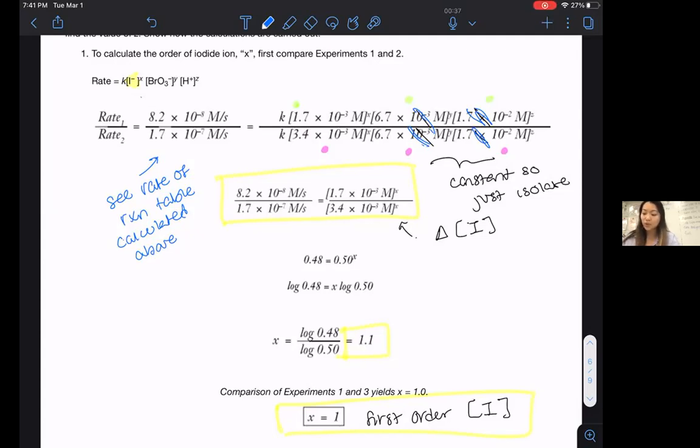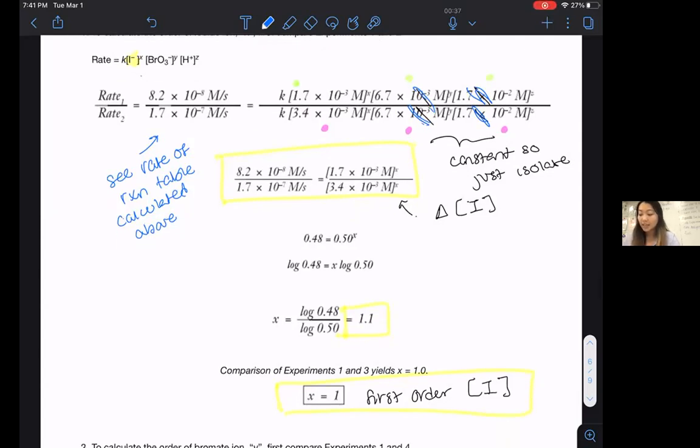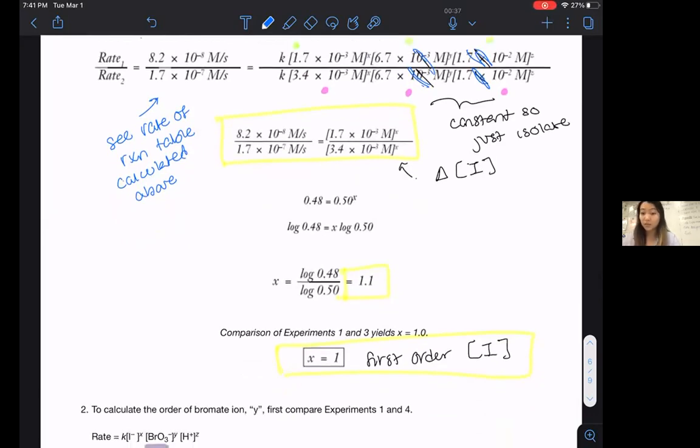And I simply just focus on the changing iodide ion. And I just do a basic calculation of proportions and I do the anti-log or the natural log to figure out what the exponent would be. And I find that, by the way, it should definitely be first order.